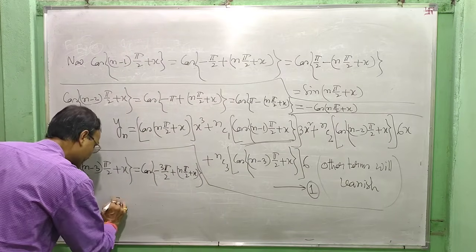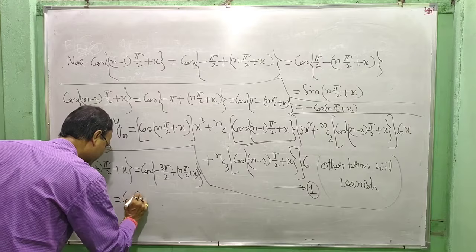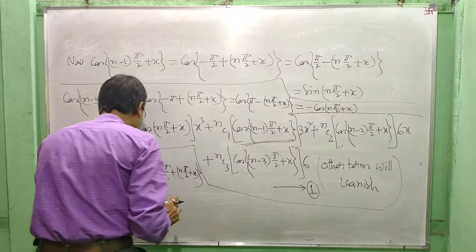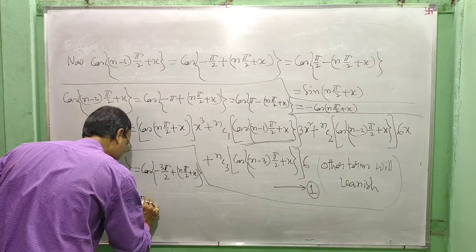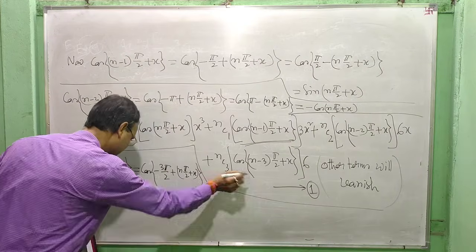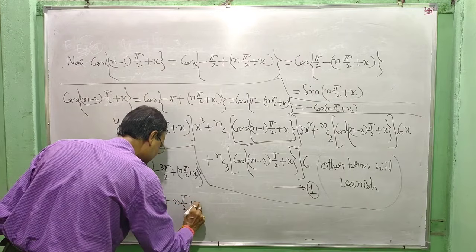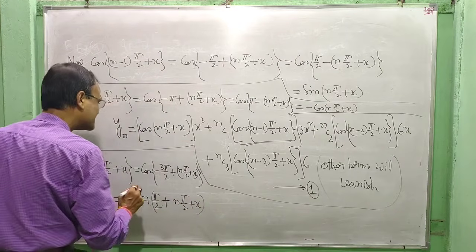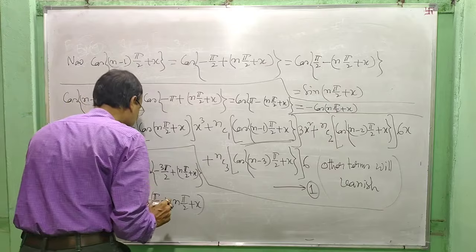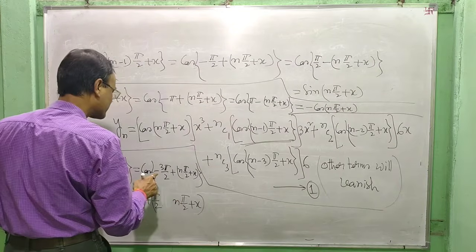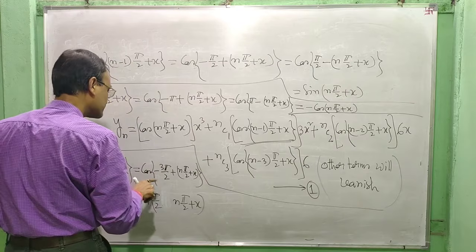This is equal to cos of thrice pi by 2, which can be written as pi plus pi by 2, minus n times pi by 2 plus x.